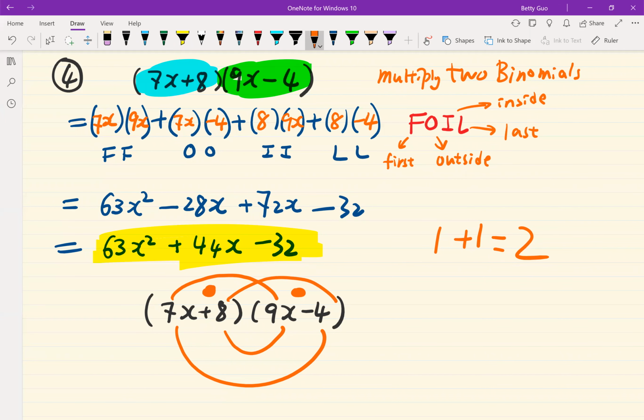Let me show you what it means. Left eyebrow means 7x multiplied by 9x, actually the first. Right eyebrow is the last times the last. The nose is the inside. The chin is the outside. Actually, it's the same thing. It's maybe just easier to remember.